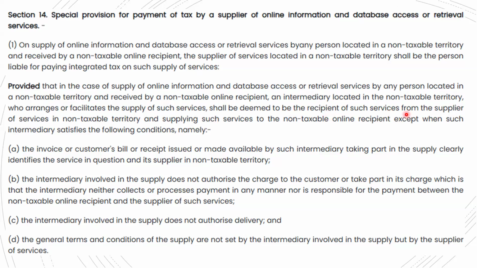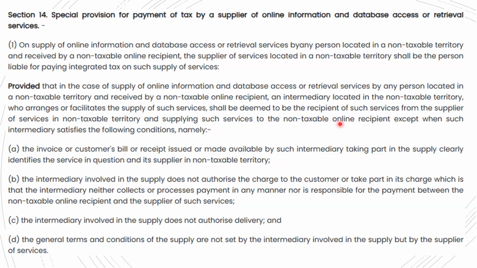Yes. Recipient from whom? From the supplier in a non-taxable territory and supplying such service to a non-taxable online recipient, except when the intermediary satisfies the following conditions. So they are saying that the intermediary shall be deemed to be a recipient only. They have not said that he shall be deemed to be a supplier taking the shoes of the original supplier.